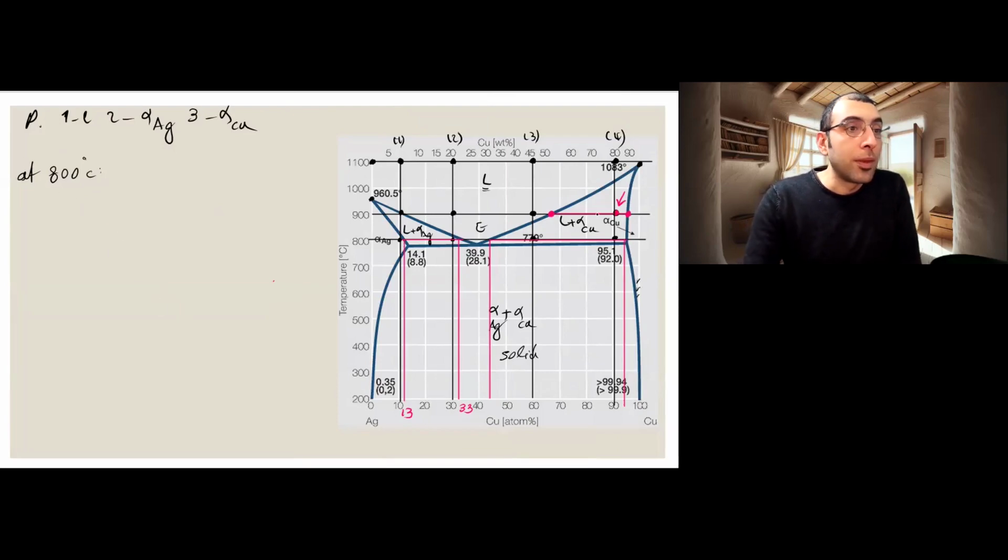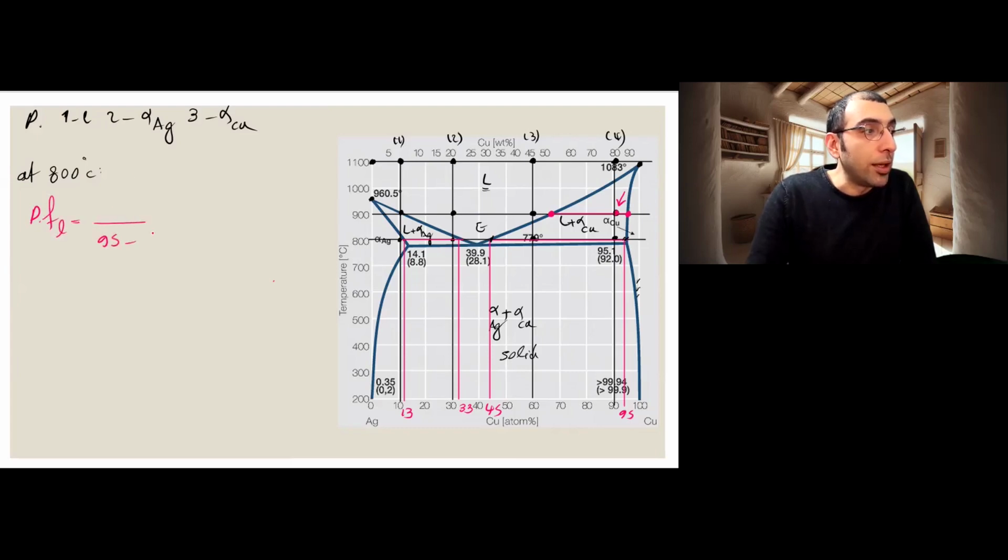All right. So for this alloy that has 60% copper to start with at 800 degrees, the total amount, phase fraction, total amount is the length of the whole line that we have here. So if the line here is crossing, let's say it's 95, for example, and here is 45, then a phase fraction of your liquid will be the total amount, which is 95 minus 45.